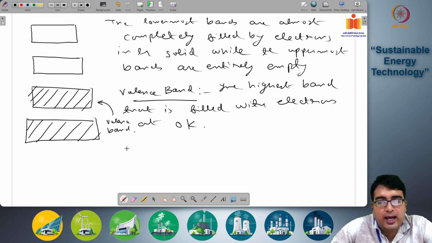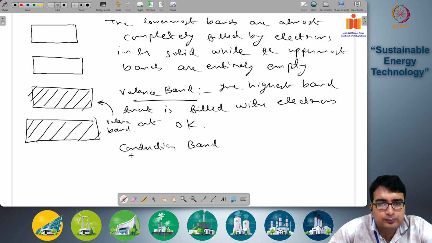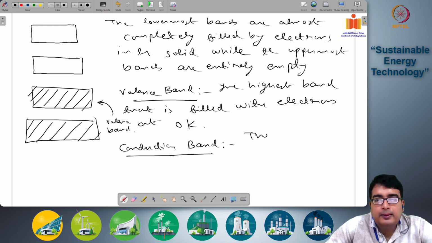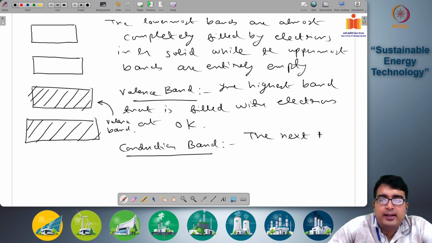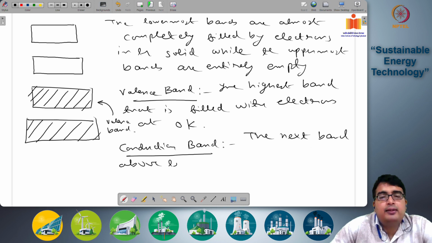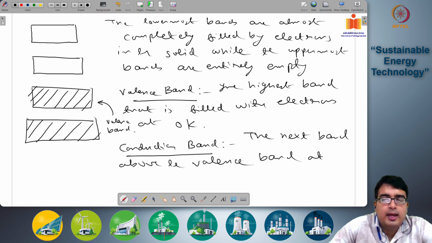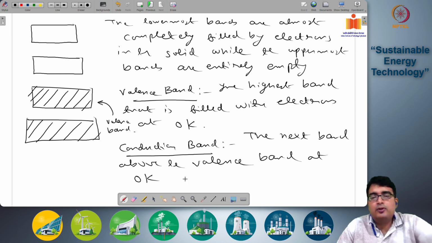Then you have, after this, the conduction band. The next band above the valence band at 0 Kelvin.